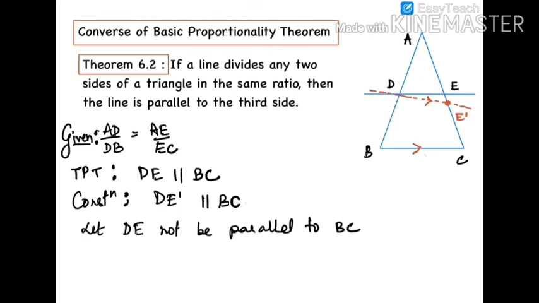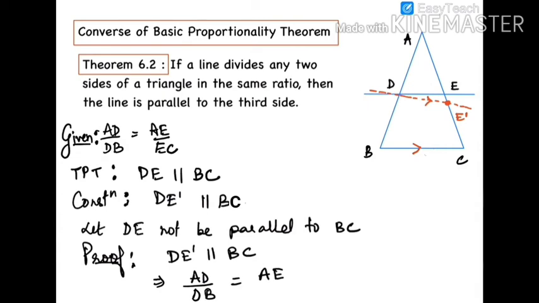Now we can use basic proportionality theorem because DE dash is parallel to BC. We can start the proof by writing that DE dash parallel to BC. So this implies AD upon DB will be equal to AE dash upon E dash C. But it is given that AD upon DB is equal to AE upon EC.